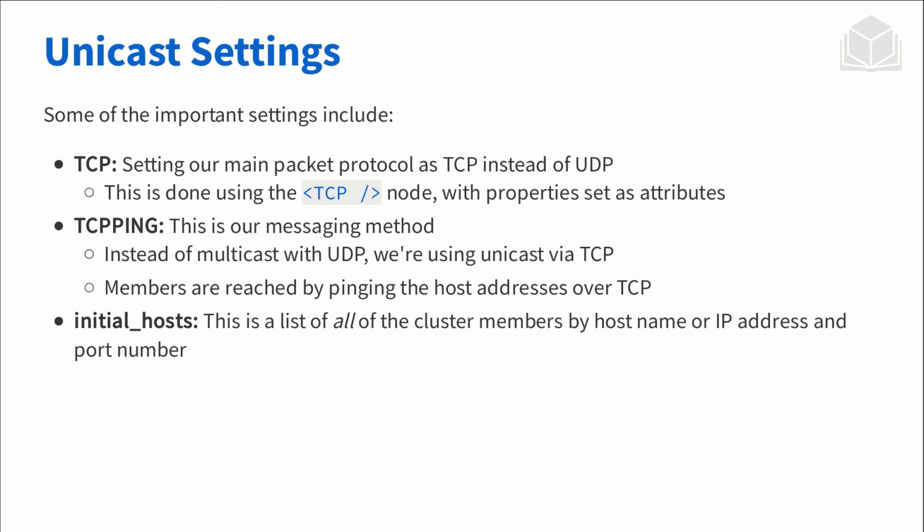So in your configuration, you'll have to say, when you're looking for somebody else for this cluster, look at this address, and this address, and this address, and this address, and this port. On multicast, you just add another machine and they will find each other. Unicast, you better be prepared.